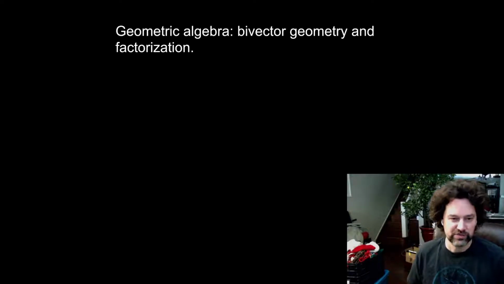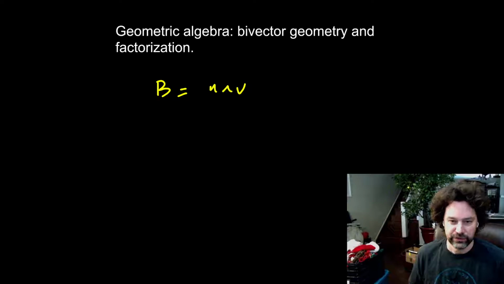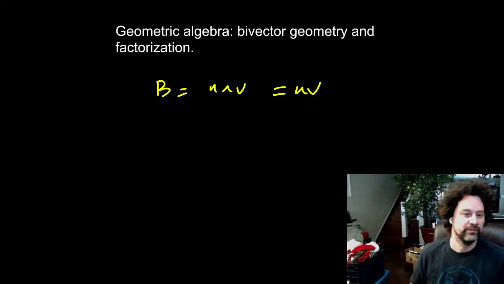So we're specifically looking at two blades that have the form U wedge V. And if U and V are perpendicular, then that equals UV.